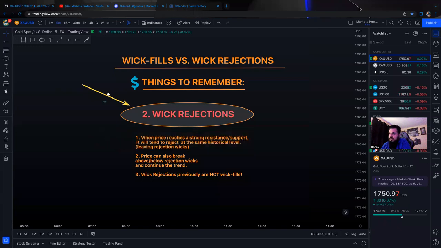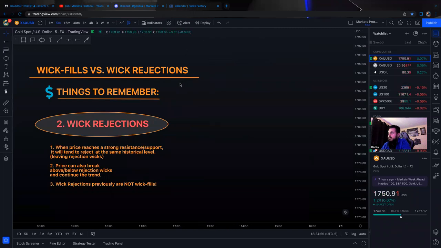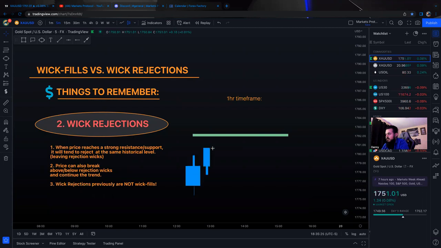What that will look like in terms of market structure is something like this. Let's say you are looking at a 1 hour time frame. What you see is a resistance previously where price came up right over here, rejected, and then we had a candle closing bearish here, forming resistance.